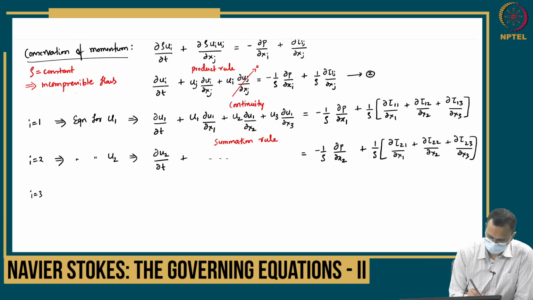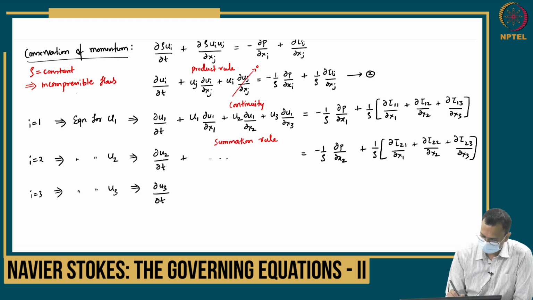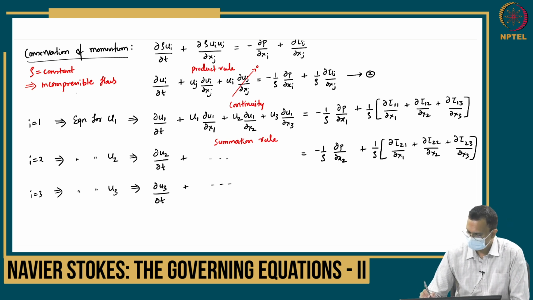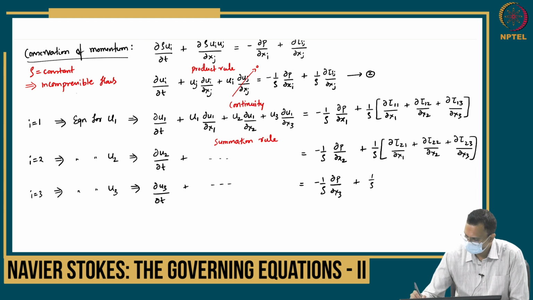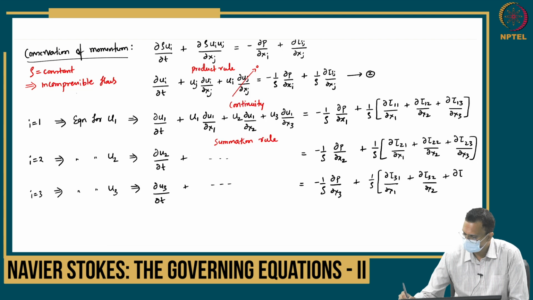Similarly for i equal to 3, the equation for the third velocity component, it's ∂u3/∂t plus the convective term, 1 by rho ∂p/∂x3 plus 1 by rho ∂τij/∂xj with i equal to 3, so ∂τ31/∂x1 plus ∂τ32/∂x2 plus ∂τ33/∂x3.